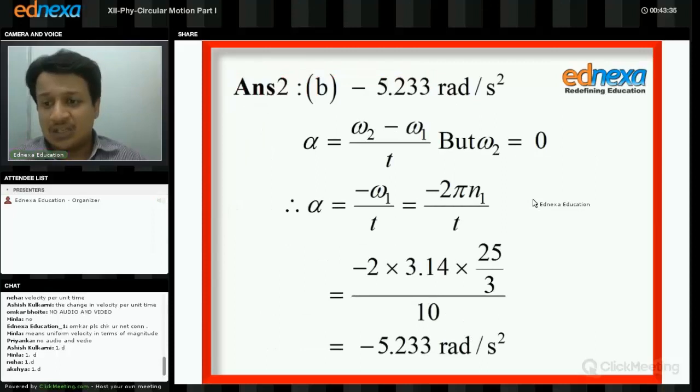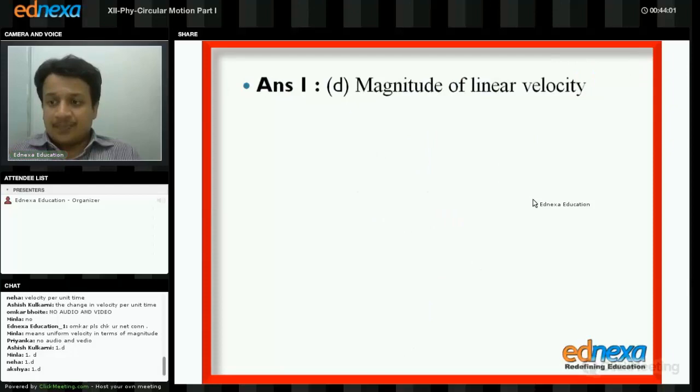So 500 divided by 60 is 25 by 3. So 2 pi n1, 2 is 3.14 into 25 by 3 divided by 10. If you solve it, its answer is minus 5.233 radian per second square.